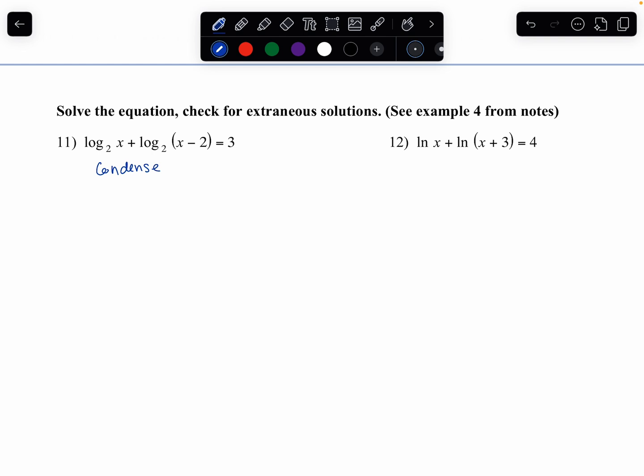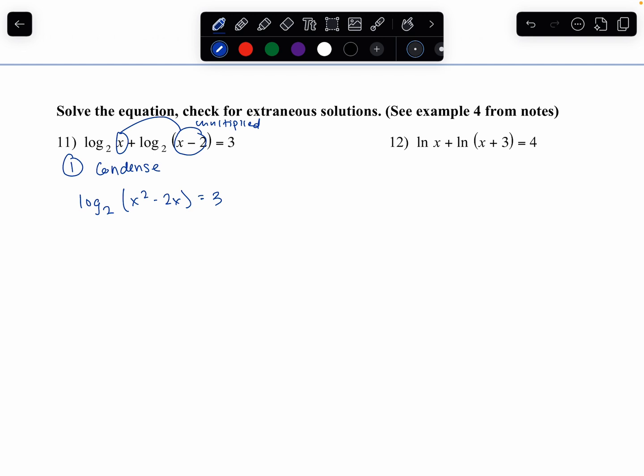So first of all, we're going to condense. Because these are adding between them, x and x minus 2 are going to be multiplied by the properties. So I'll have log base 2 of x squared minus 2x equal to 3.